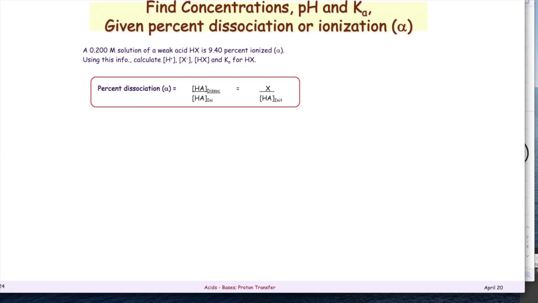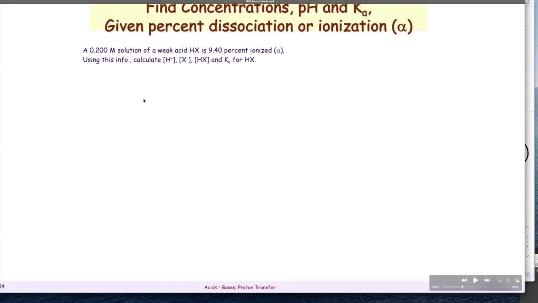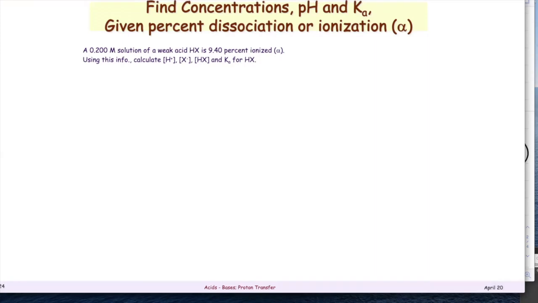It basically breaks up into 2 species, the hydronium ion and its anion. So in this particular example, we have 0.20 molar weak acid. It's 9.4% ionized. So that means that for every 100, 9.4% of it goes on to hydrogen ion and its counter ion.